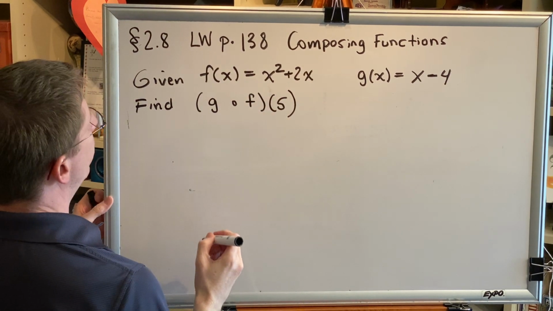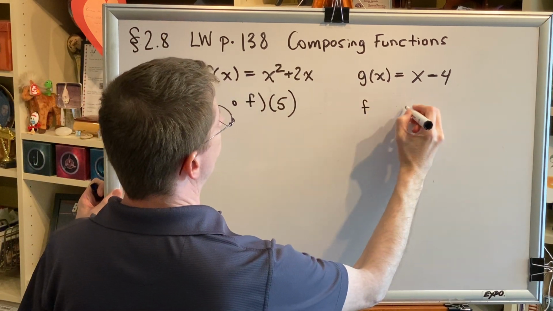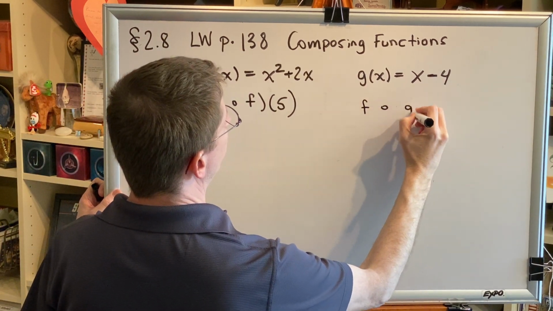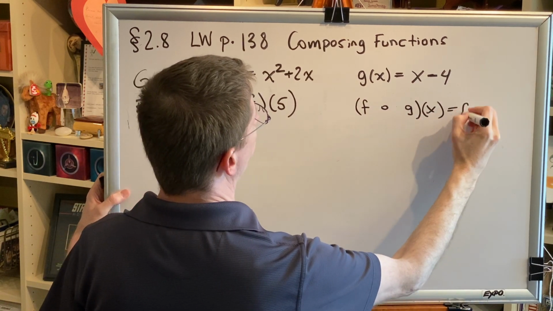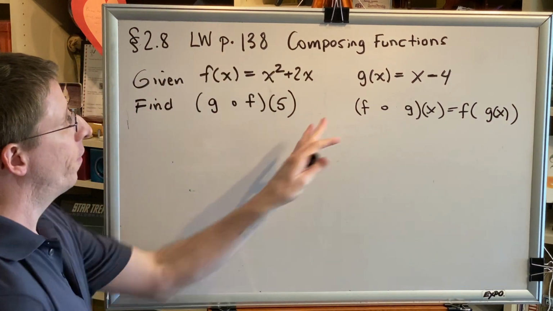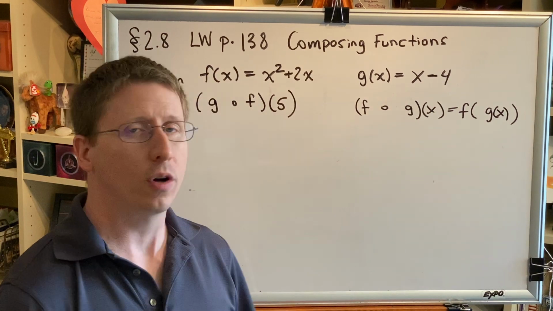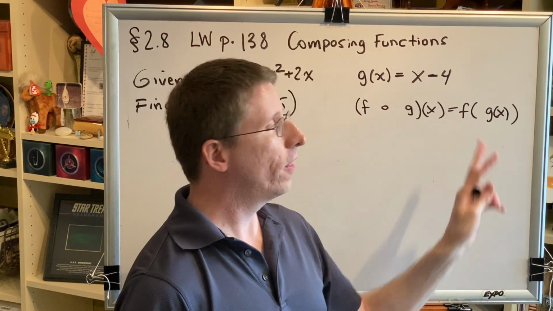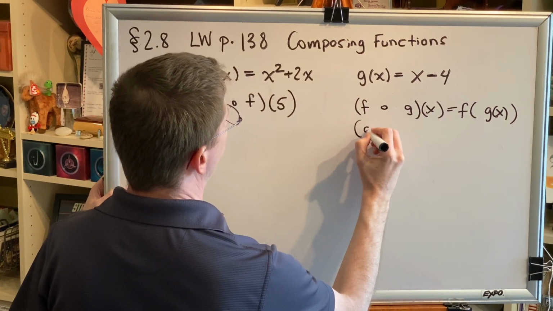Okay, let's write the definition. Now, the definition that we learned had the f listed first and the g listed second. F composed with g of x equals f of g of x. But f and g are just names, and we can swap the order of the names on the left-hand side, and therefore swap the order of the names on the right-hand side. This gives us a new definition.